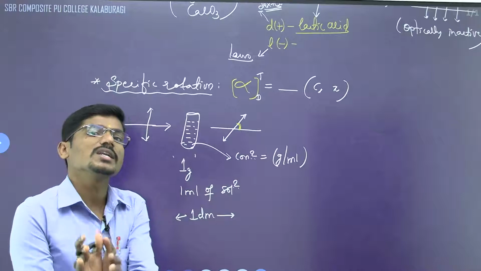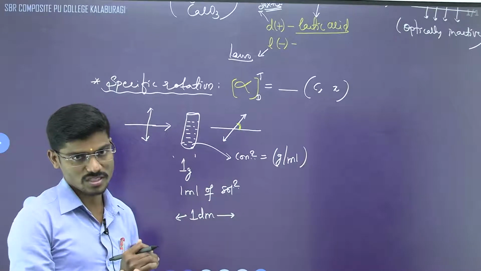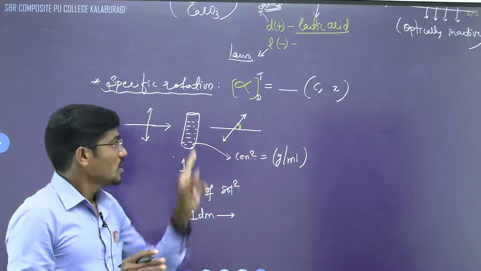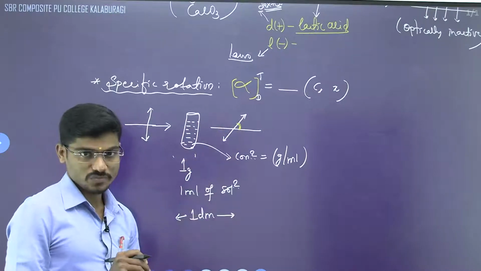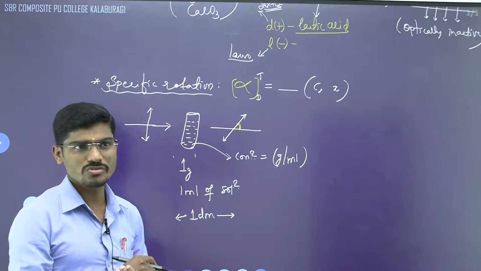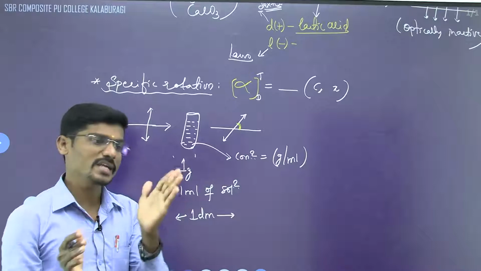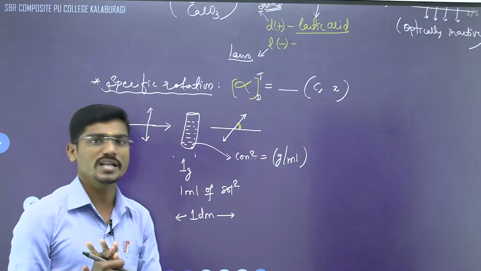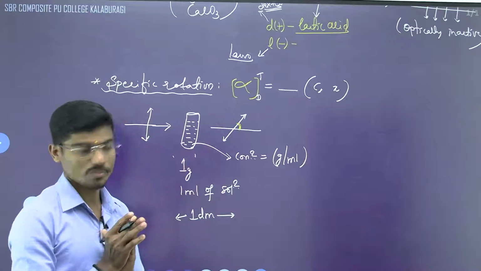and it is taken in a tube having a path length of 1 decimeter, with a wavelength of D light. Particularly sodium light is used, 586 to 589 nanometer wavelength light is used preferably.